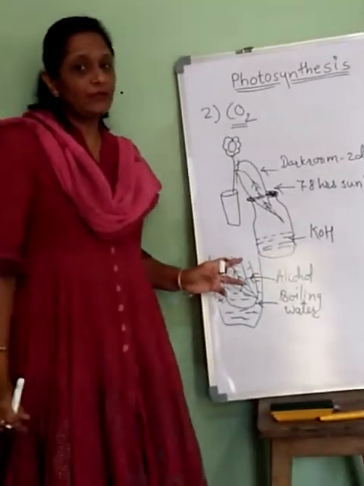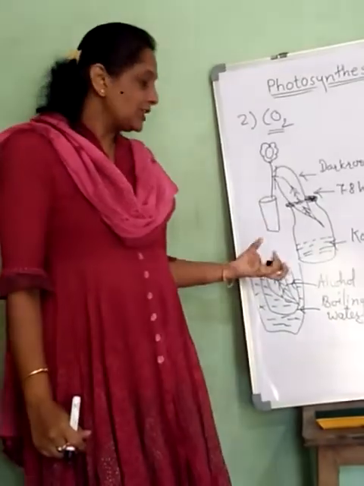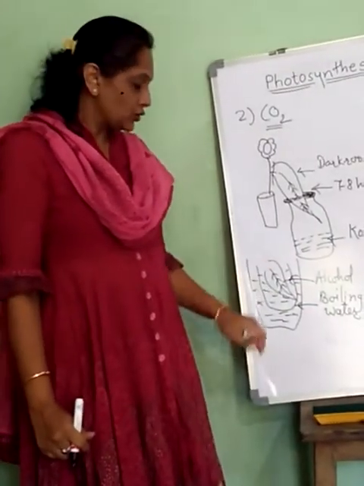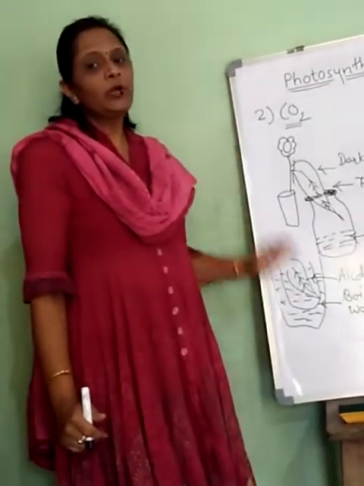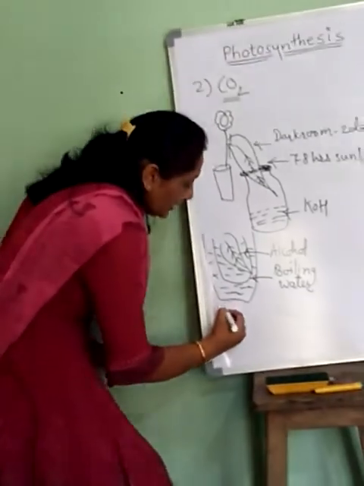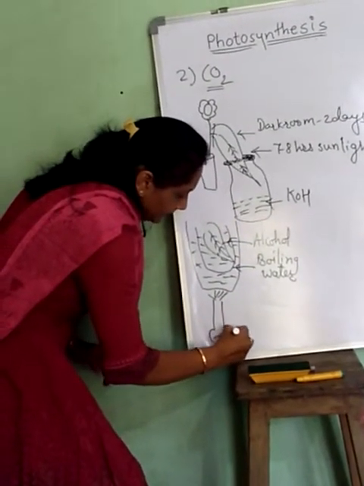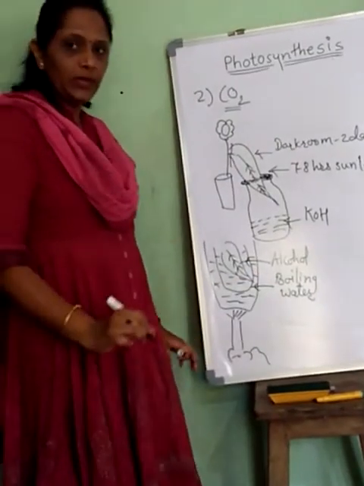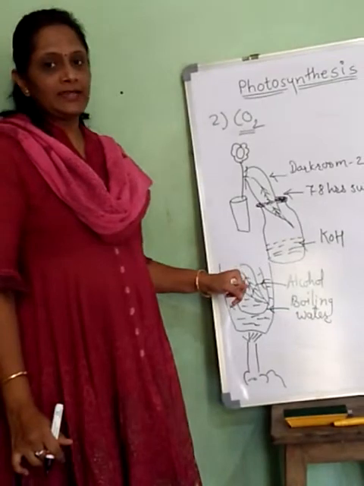As alcohol is inflammable, it catches heat very easily. So we do not heat the alcohol directly, and we place it in a boiling water bath, in this way. Why do we put this in alcohol? For decolorization.